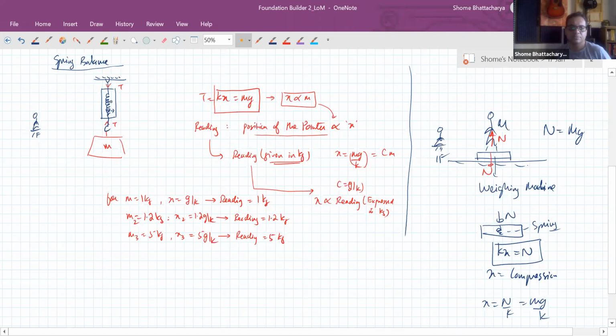Or when you suspend a block using a spring, the spring undergoes an extension, whereas in this case the spring was compressed because of the normal reaction acting from above, so the length is L minus X. In either case, whether it's a spring balance or a floor standing weighing machine, the reading is proportional to X. That means the reading will be proportional to the mass in normal circumstances, that is, when the object is at rest in an inertial frame. Of course, we'll see in the previous question that is not happening, so it's going to show a different kind of reading.